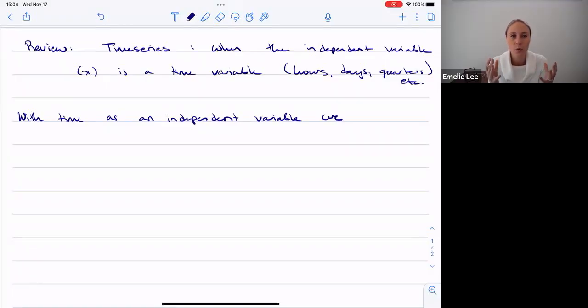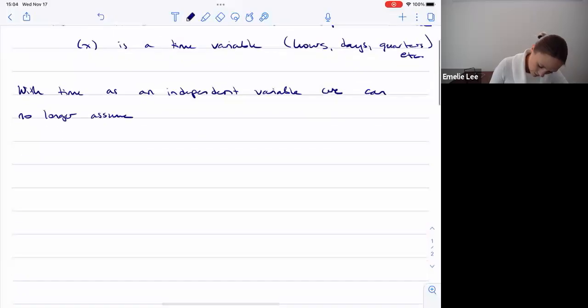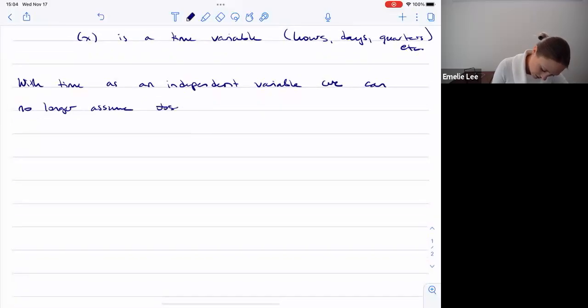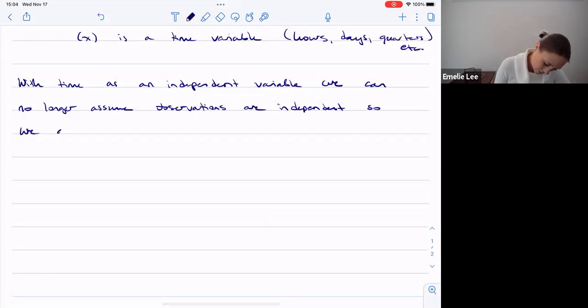And so we need tools to deal with that. So we can no longer assume observations are independent. So we're developing methods to deal with that.